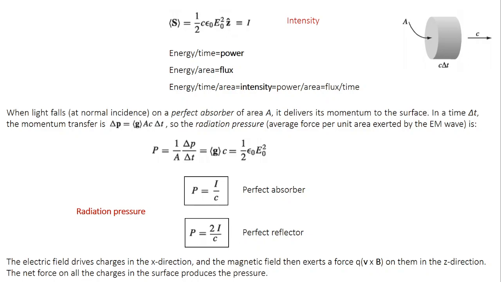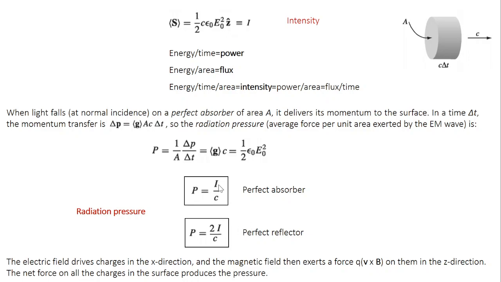Now if you look at our daily activities, we are all exposed to sunlight during the daytime, and sunlight is an electromagnetic radiation, which means we are always under radiation pressure by the sun. But in our daily life, we don't experience a force from the sun explicitly. What's the reason?